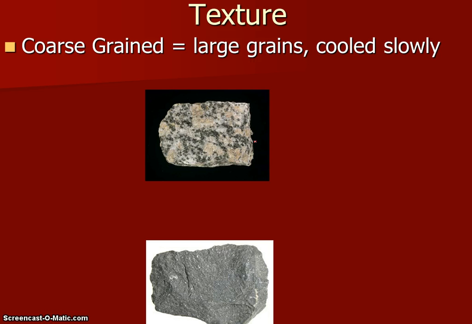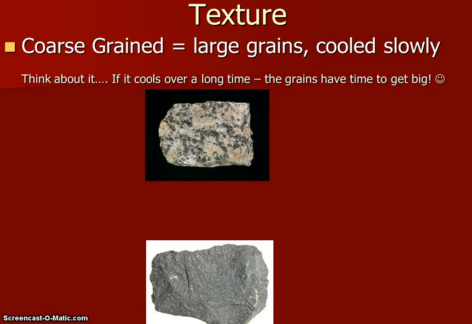And the first one that we're going to talk about here is coarse grained. That means when the grain of the rock, remember that's the pieces, and for an igneous rock, those are mineral pieces, cooled slowly. Now if you think about it, when it's cooling slowly, it's cooling over a long period of time, the longer minerals have to cool, the larger the crystal gets, the larger the piece of mineral gets.